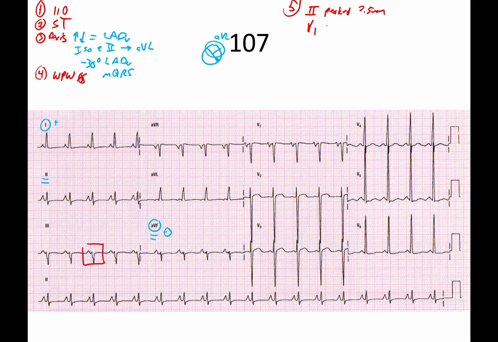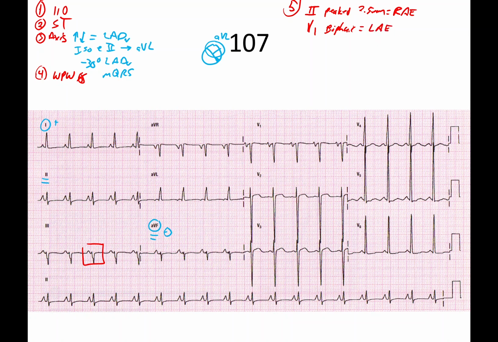V1 has a biphasic, and in V1, the second half of the P wave is larger and wider than the first half. So that actually meets, so this one meets right atrial enlargement, and this one meets left atrial enlargement criteria.